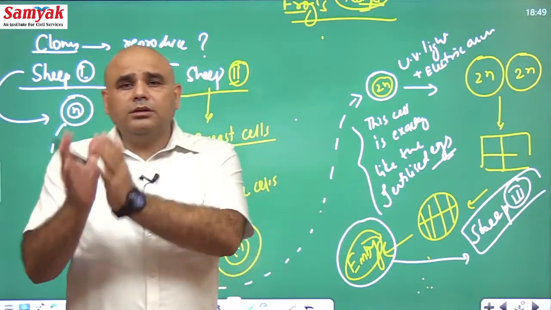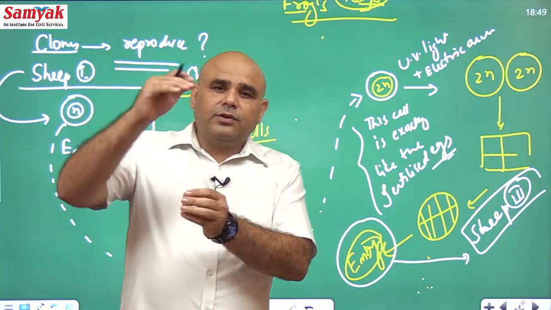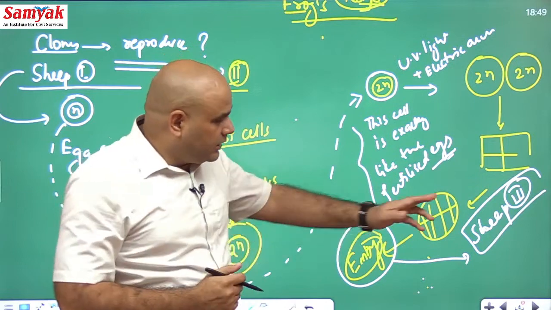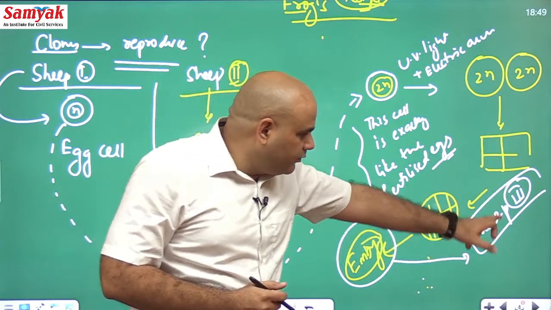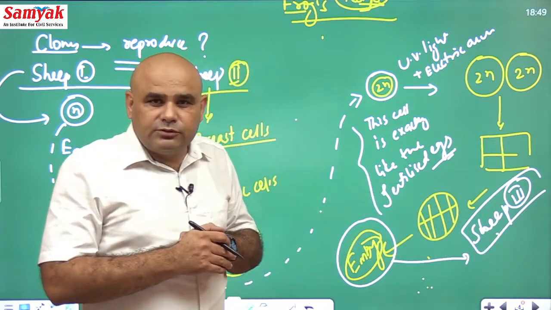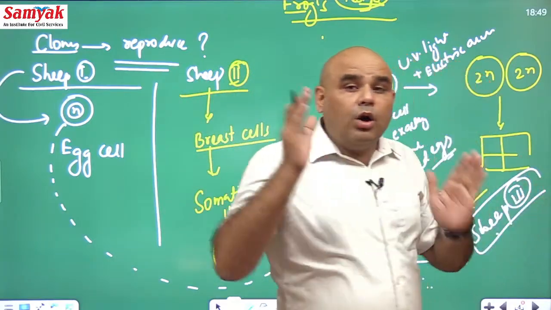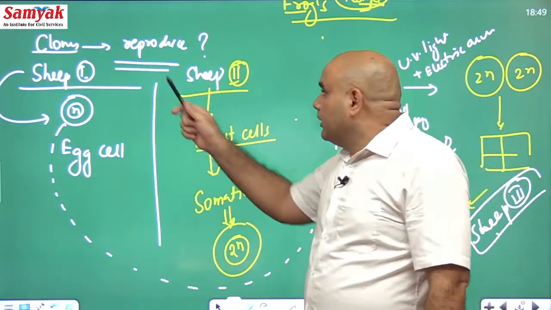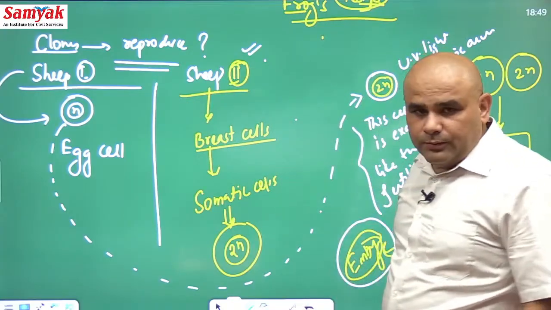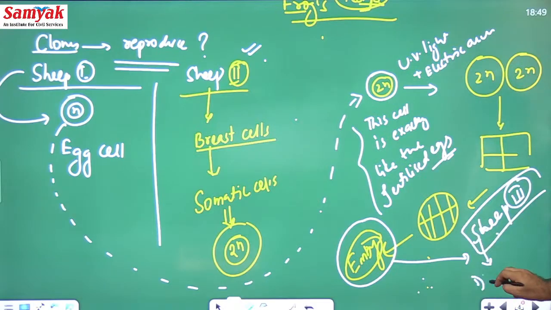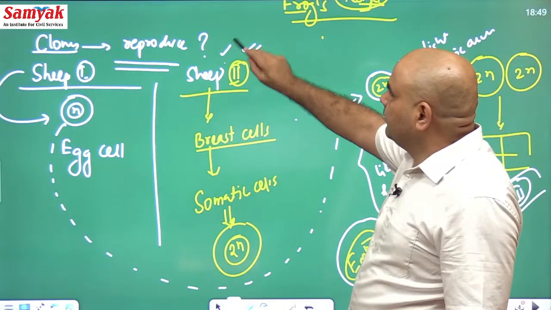Because all the chromosomes are inherited from sheep number 2, the lamb born from the womb of sheep number 3 will carry all the chromosomes exactly like sheep number 2. As a result, Dolly was born, and Dolly was a clone of sheep number 2.